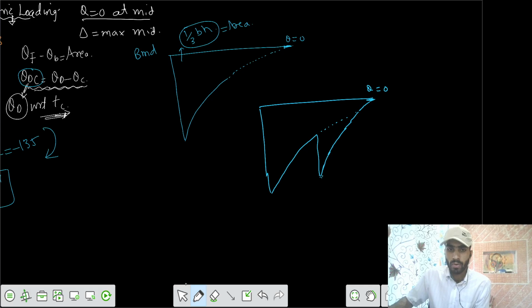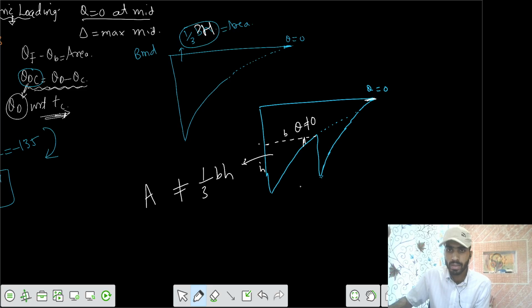Then if you want to say what's the area between the 2 points, can you say this is 1 by 3 of B into H? Actually we can't. This area is not equal to 1 by 3 of B into H, where this is your capital B into capital H, and this is your small b into small h, because your theta here is not 0.